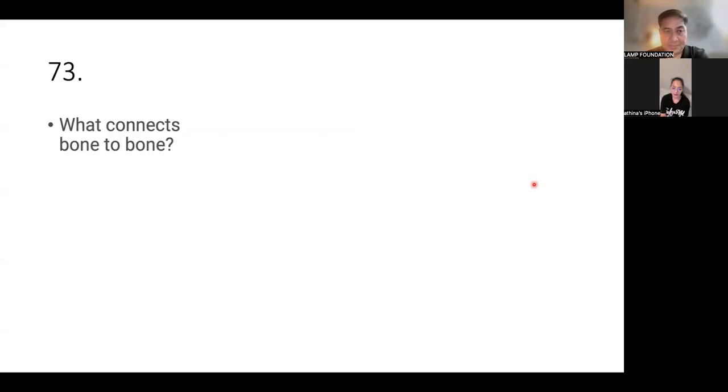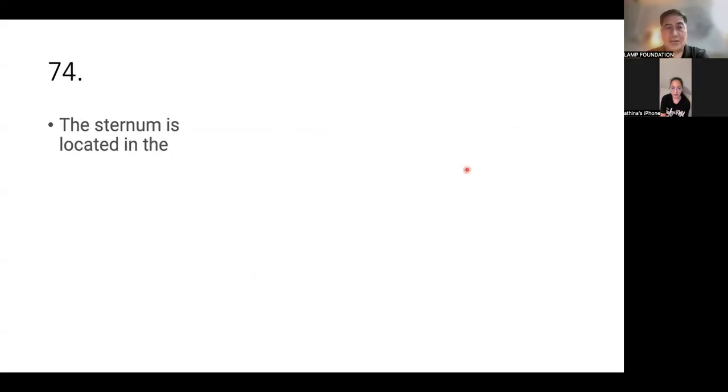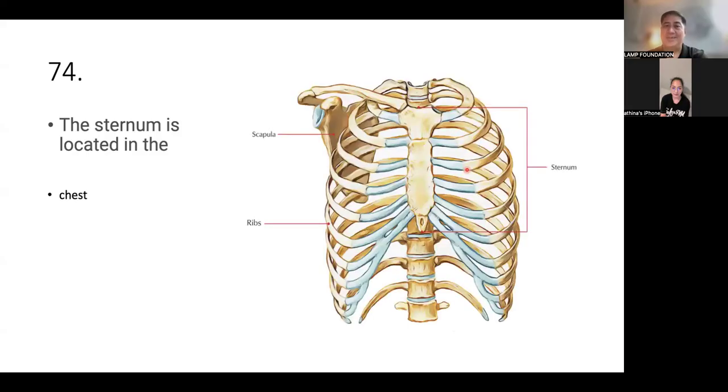It's the joint. So this is an example of the joint, the hip joint, bone to bone. The sternum is located in the chest. It's not in the thoracic cavity because it's outside.